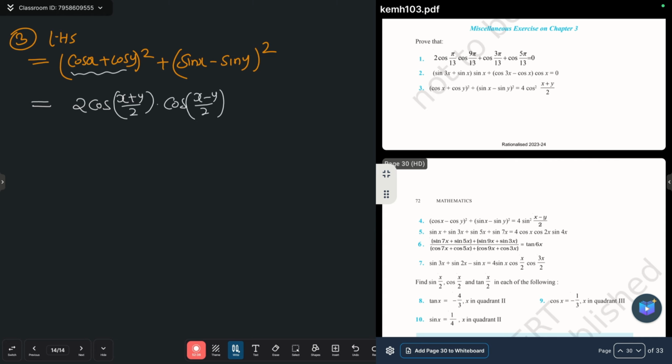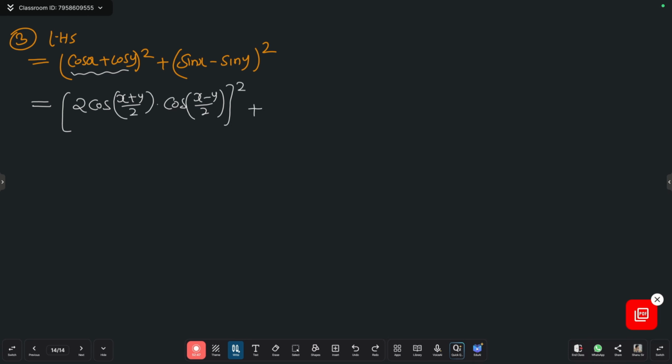You have applied only the formula, but again the bracket is whole square. Plus here sin c minus sin d is 2 cos c plus d by 2 into sin c minus d by 2, but whole square.